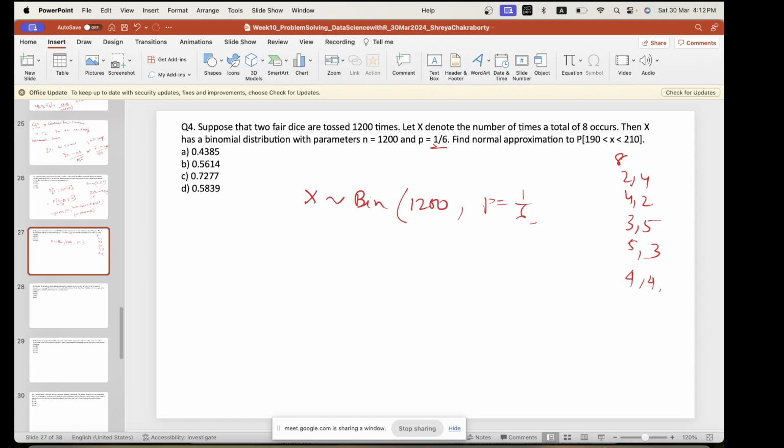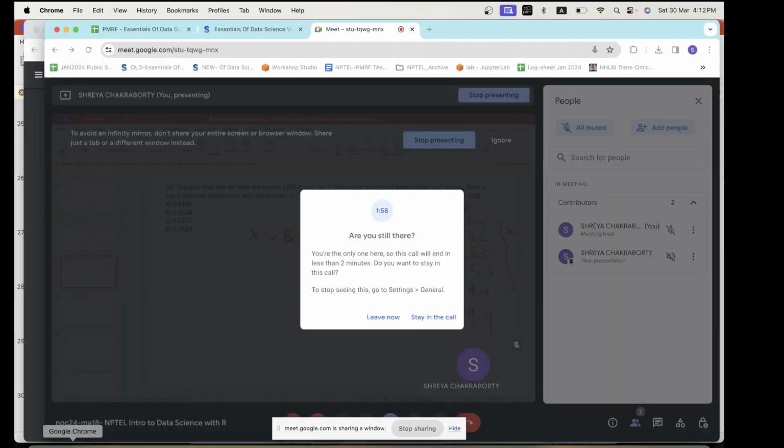So there are 5 combinations, each with probability 1/6 into 1/6. That's how you get the probability. Alright, so X is a binomial distribution with parameters 1200 and p equal to 1 by 6.